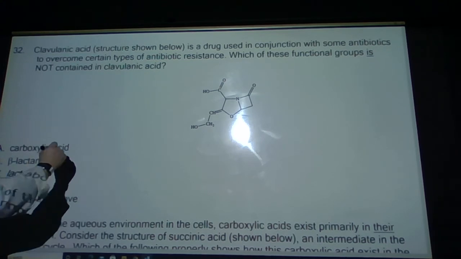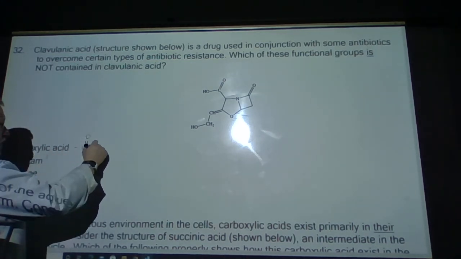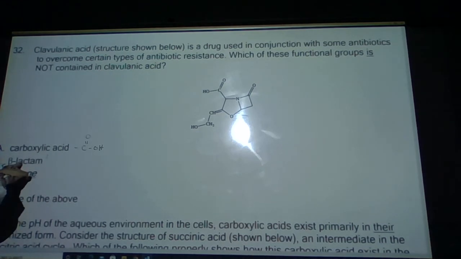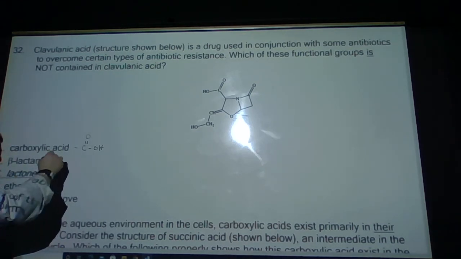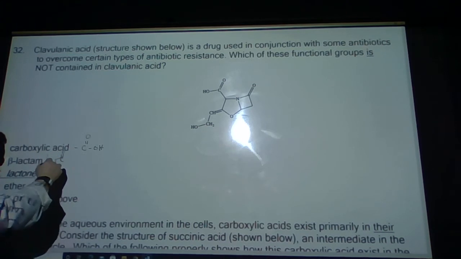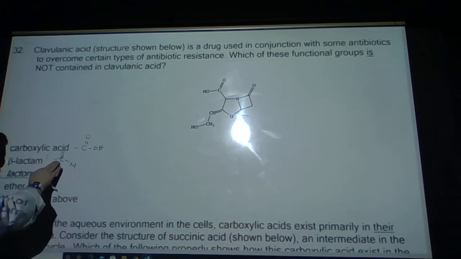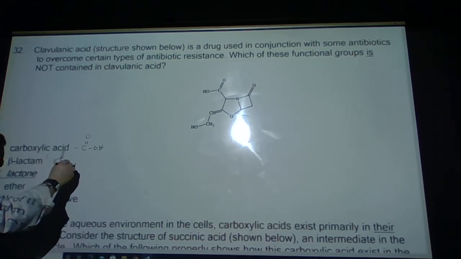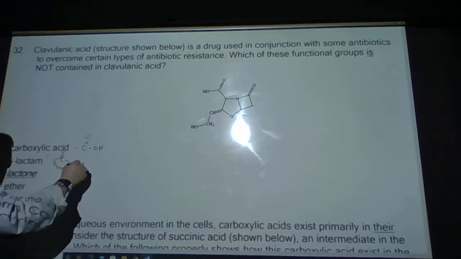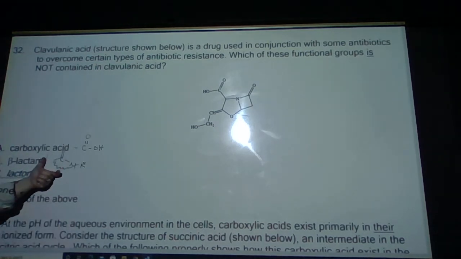Carboxylic acid, C double bond O, OH, a beta-lactam, a cyclic ring system, C double bond O, with a nitrogen attached to the carbon of the carbonyl. The nitrogen and the carbon are connected in a ring structure system.